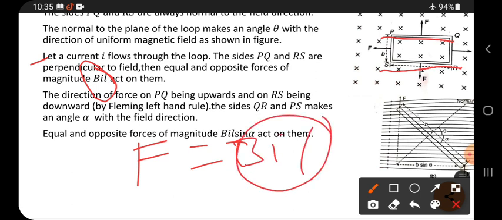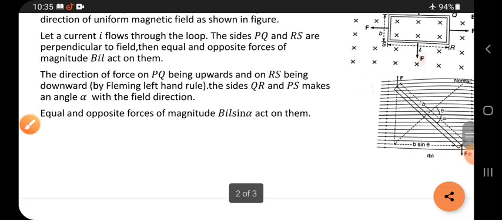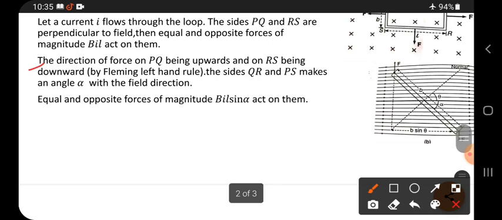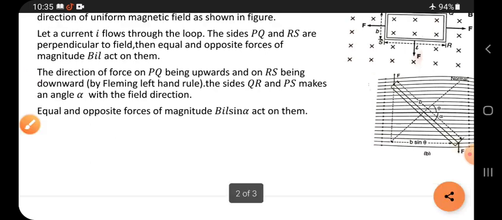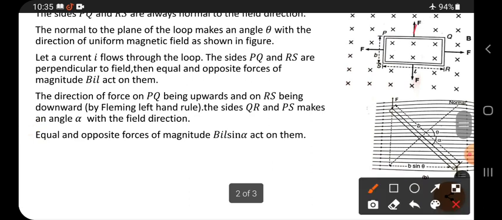It is the maximum force, the maximum perpendicular force acting on these two sides. The direction of the force on PQ is upward, and on RS is downward, as you can see in the diagram. By Fleming's left hand rule, we can decide this. I have already uploaded one video on Fleming's left hand rule.